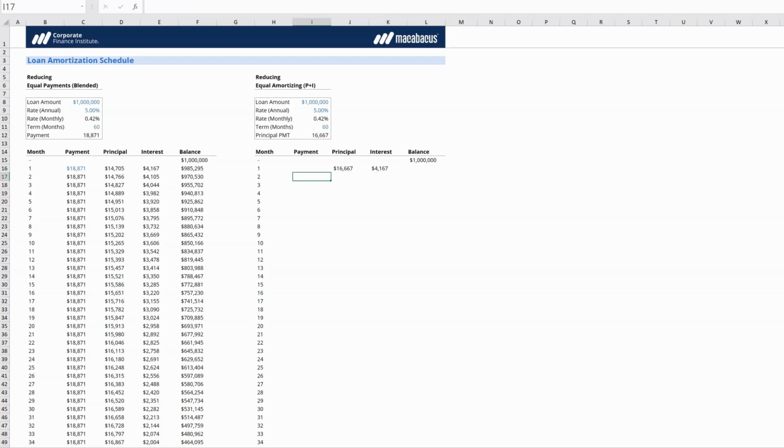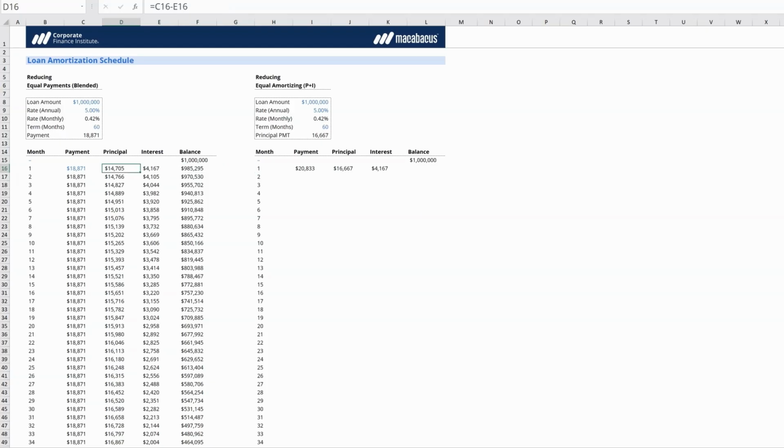Now, instead of working from a payment amount less interest, we know that this column is going to be calculated in an additive fashion. So the total payment amount that the customer needs to make is going to be the principal amount plus the interest amount. So right away, early on, we see that the total payments for the customer are higher early on than we see over here in the blended amount.